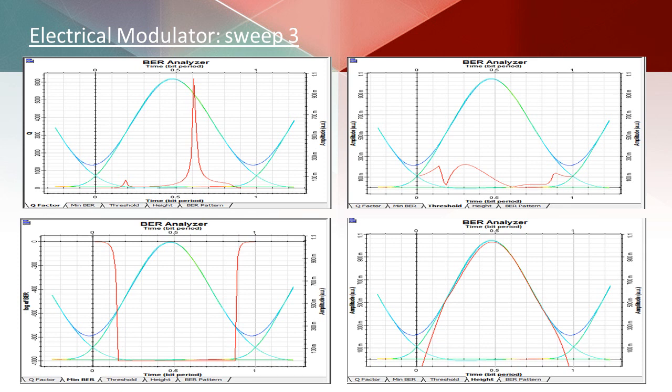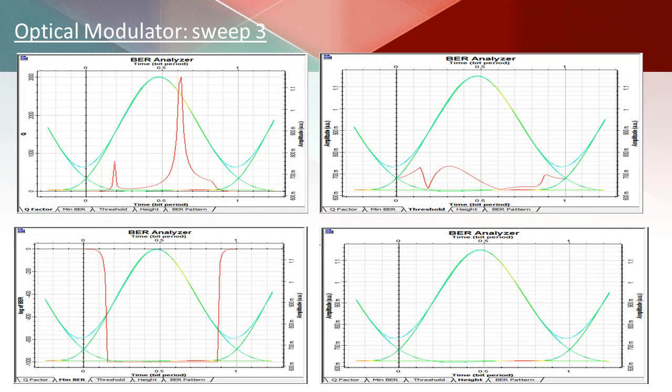Next is the electrical modulator simulation result. Currently, we choose sweep 3 at 2 meters. As you can see here, this is the BER analyzer diagram for Q factor, minimum BER, threshold, and height. The blue line is the eye diagram of the electrical modulator. Next, this is the optical modulator. Same as previous, we choose sweep 3 at 2 meters. Using the BER analyzer, we analyze Q factor, minimum BER, threshold, and height.